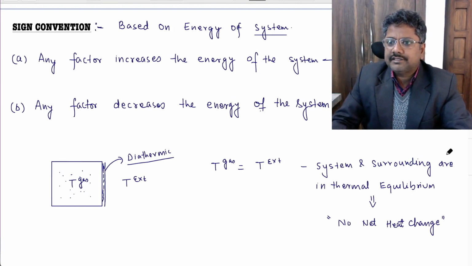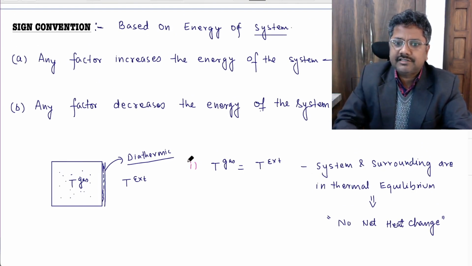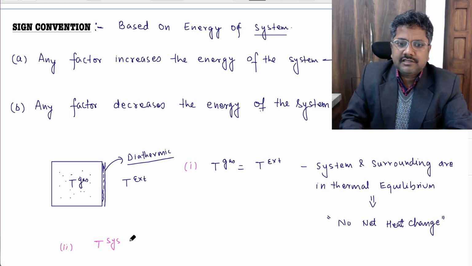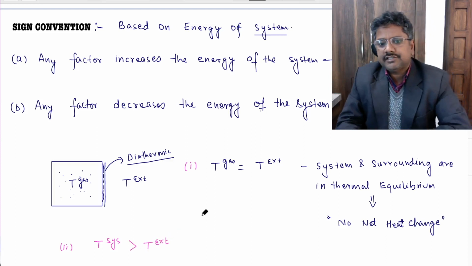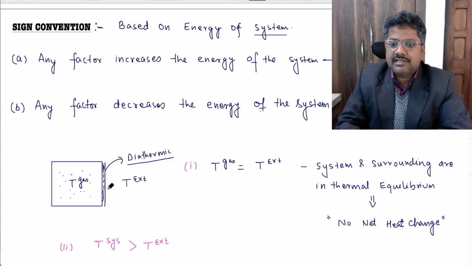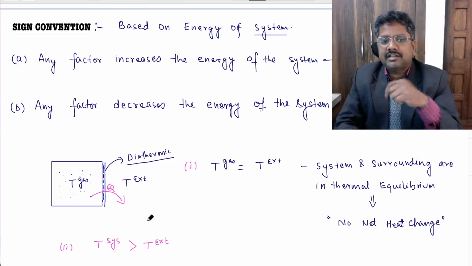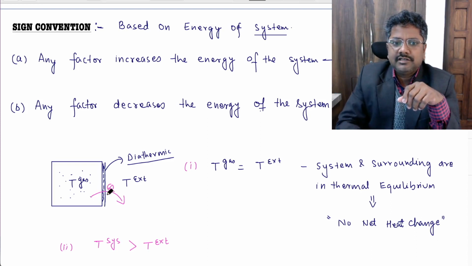This is the first case. In the second case, when T system is greater than T external, some heat is transferred from system to surrounding. Net heat is transferred from system to surrounding.